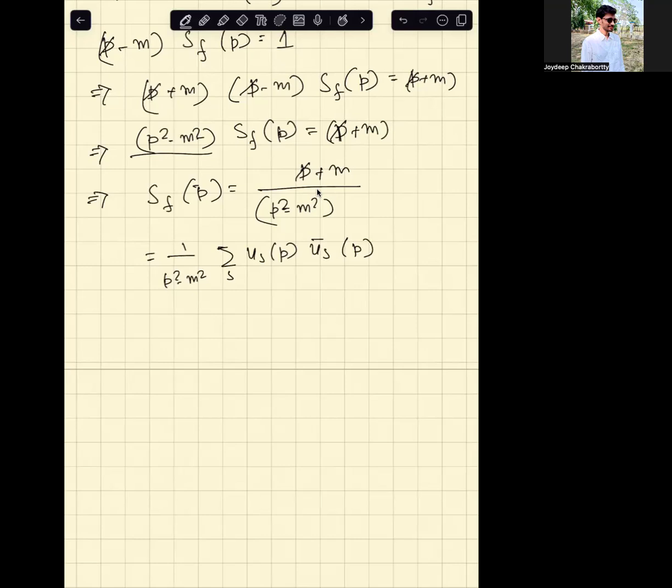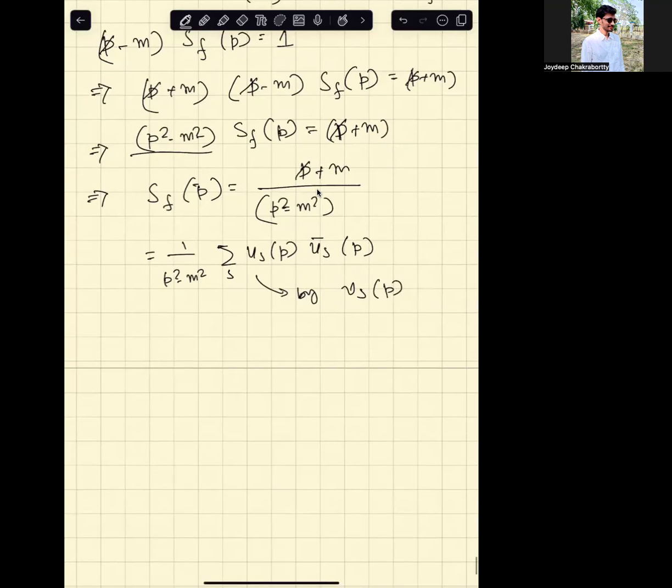Now when you have to write down the antiparticle propagator, the antifermion, you replace this u by v_s(p). So you don't need to remember whether it's p̸ + m or −p̸ + m or whatever. In this particular form, you just change your u by v.